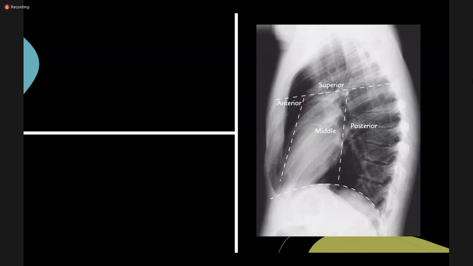This line passes backwards in a horizontal plane and intersects the bodies of the fourth and fifth thoracic vertebrae. And that one is dividing my mediastinum into a superior mediastinum and an inferior mediastinum.